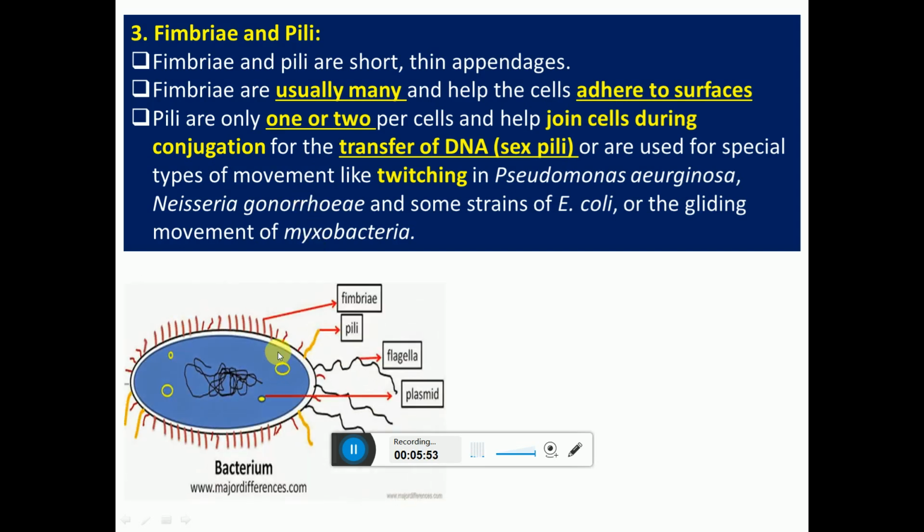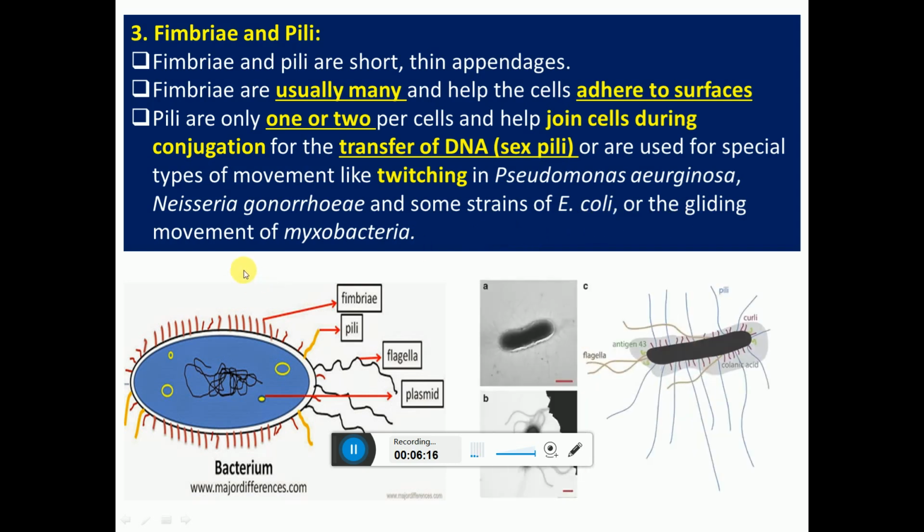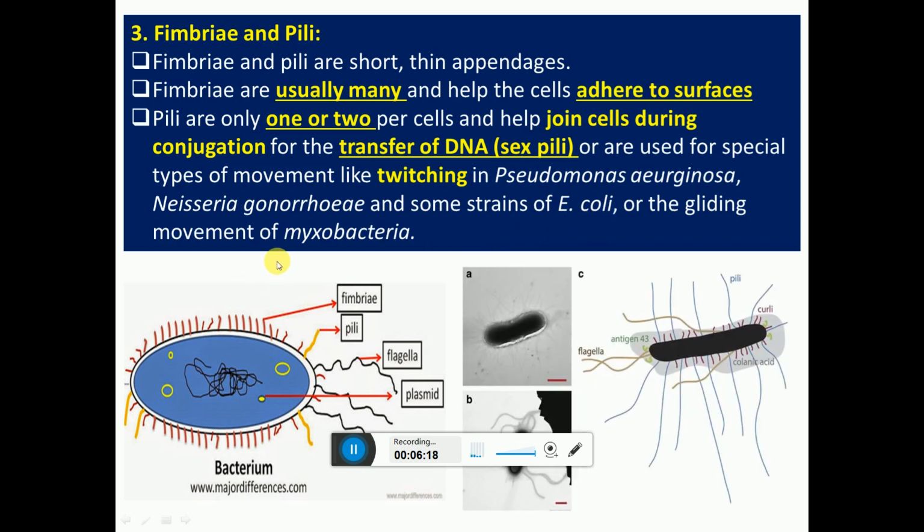You can see in the figure the many, short ones are called fimbriae. The few yellow-colored ones are called pili. They are used for a special type of movement called twitching, in Pseudomonas, Neisseria gonorrhoeae, and some strains of E. coli, or gliding movement of Myxobacteria. So you can see the fimbriae and pili in the figures. It is a photograph.